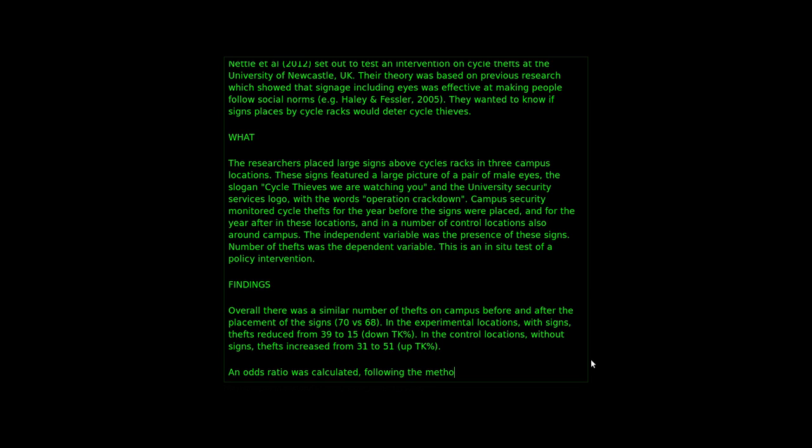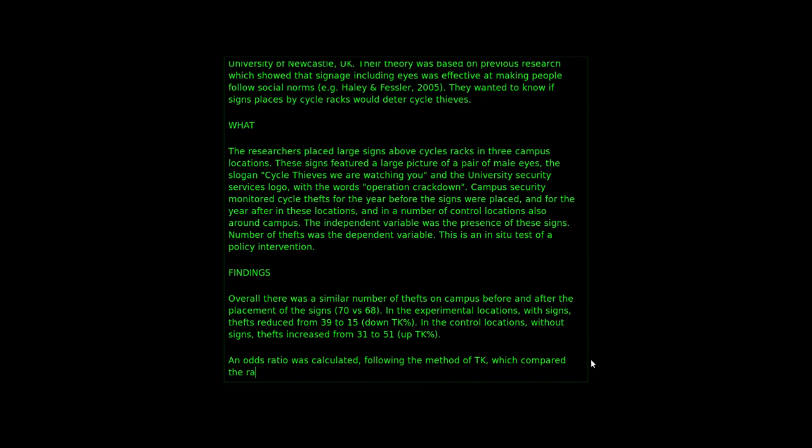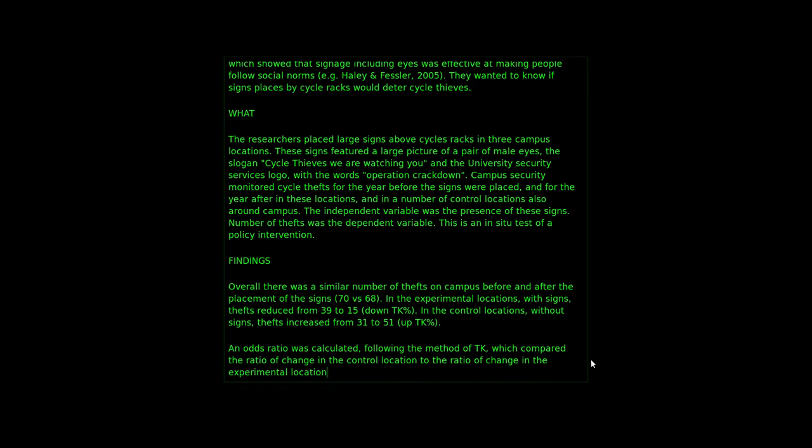They followed someone else's recommendation, the method of, I'll look that up later, which compared the ratio of change in the control location to the ratio of change in the experimental location. Always define any abbreviation before you use it again.